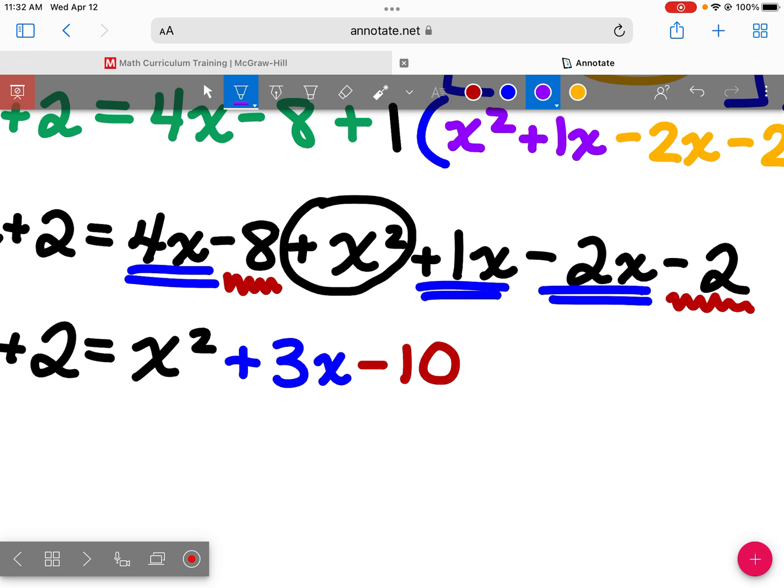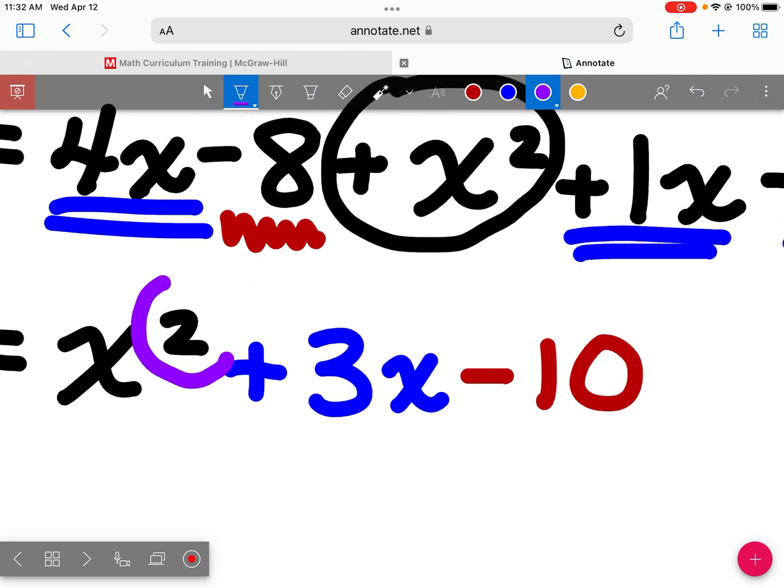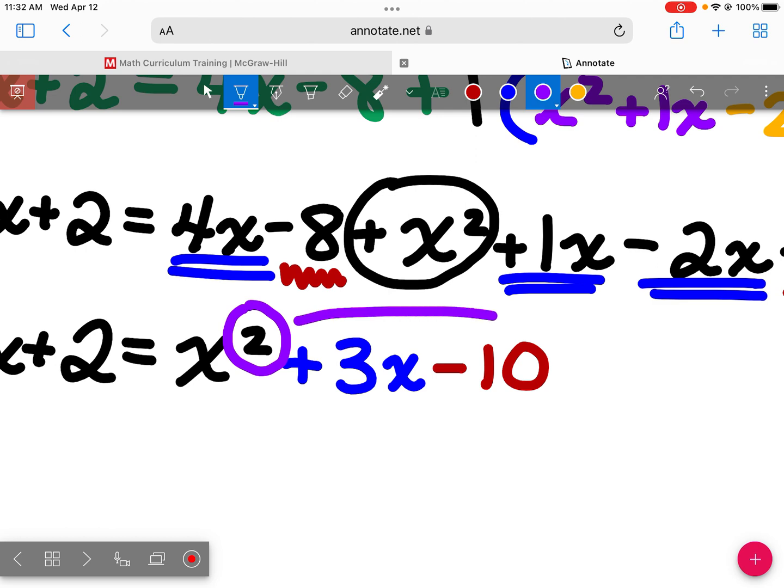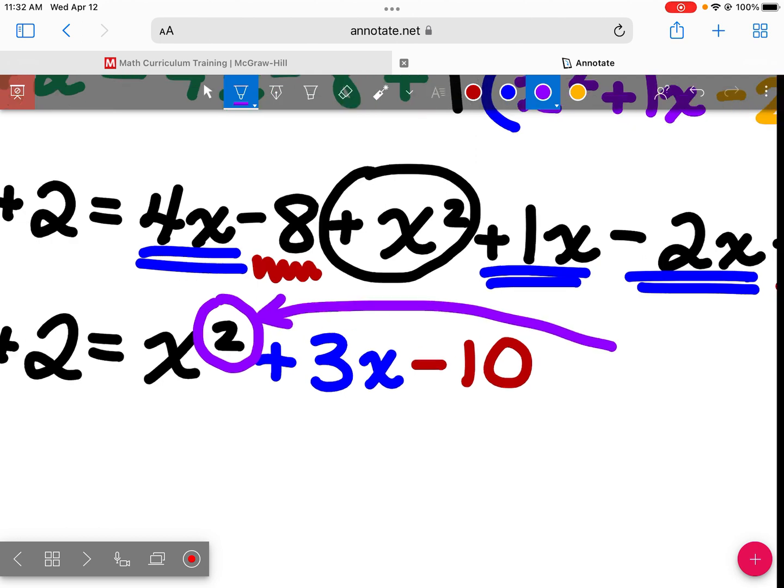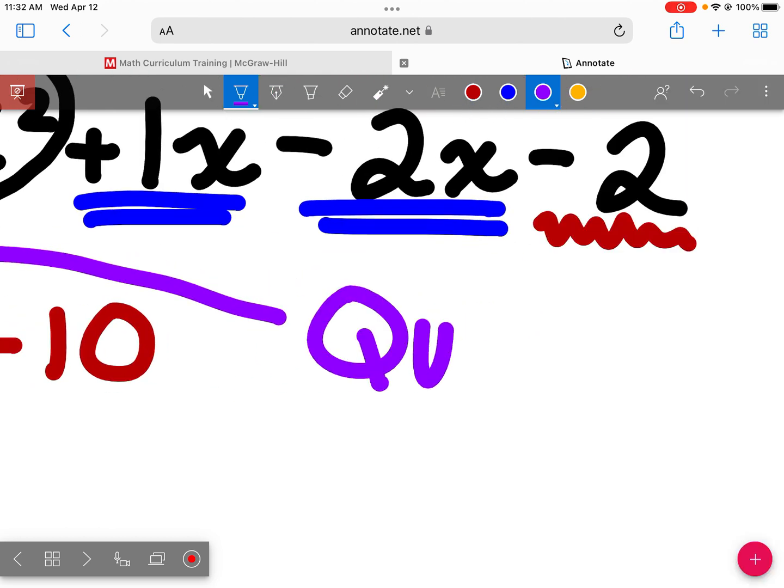How did I know by looking at this that this is a quadratic equation? It has an x squared right here, right? When you see an x squared, and that's the highest power of x, that means it is a quadratic equation.